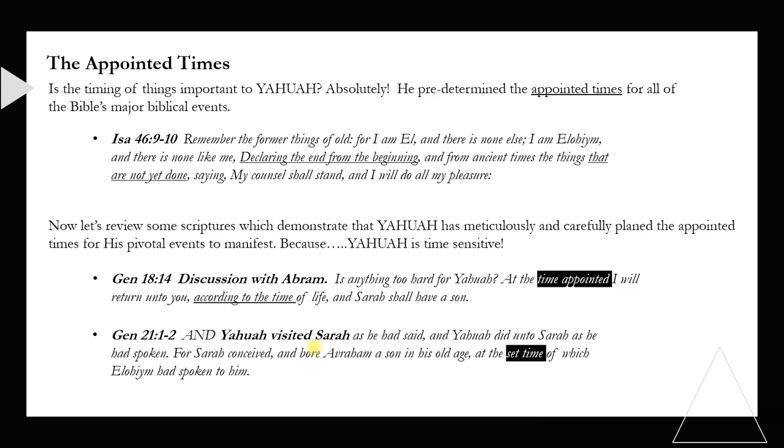Okay, Genesis 21, verses 1 through 2. And Yahuwah visited Sarah as he had said. And Yahuwah did unto Sarah as he had spoken. For Sarah conceived and bore Abram a son in his old age when? At the set time of which Elohiym had spoken to him. So Yahuwah had already predetermined when Isaac would be born.